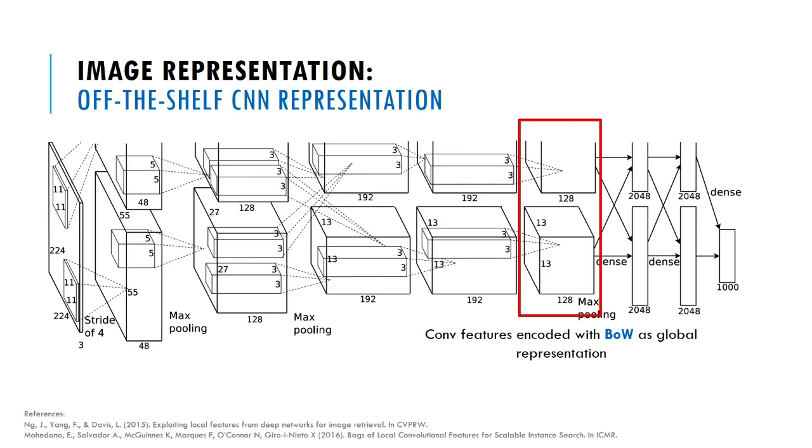We can learn from the past and apply some of the best practices. Just applying the best practices doesn't imply that it's the best way, but it's just another way. Here we can use the bag of words technique that I mentioned before to aggregate together the final feature vector that we can call the global representation for the convolutional features.